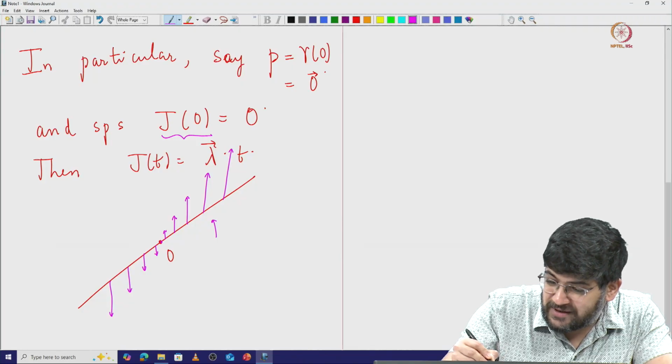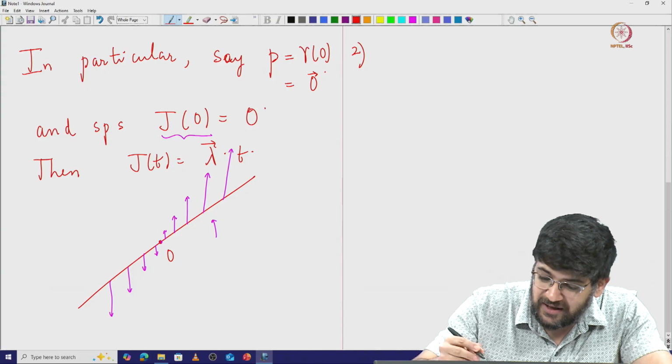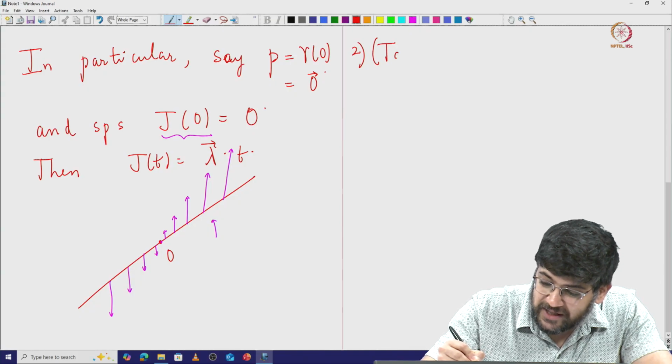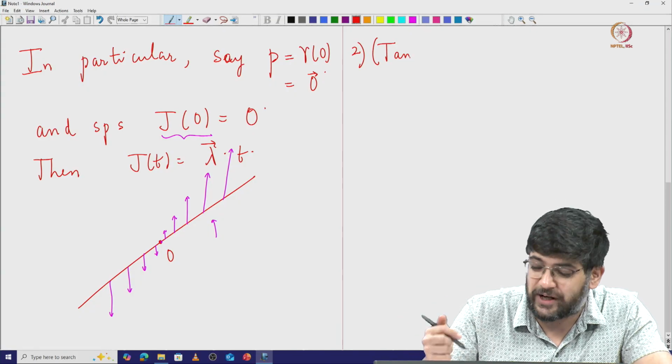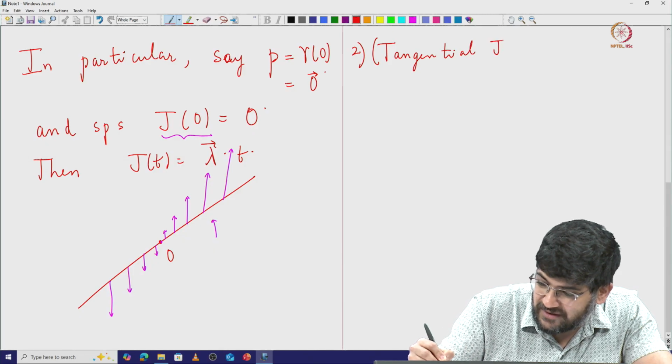Alright, so the second class of examples are very general Jacobi fields that one can construct along any geodesic. These are the so called tangential Jacobi fields.